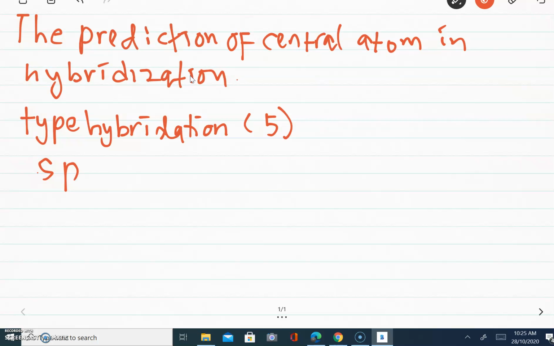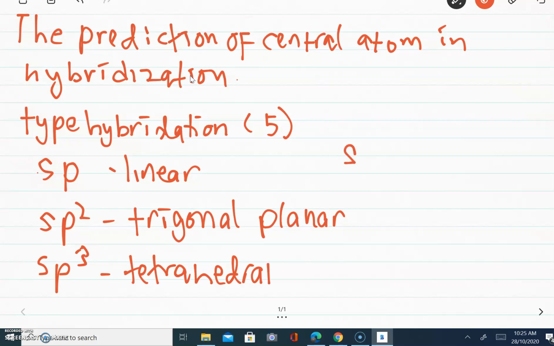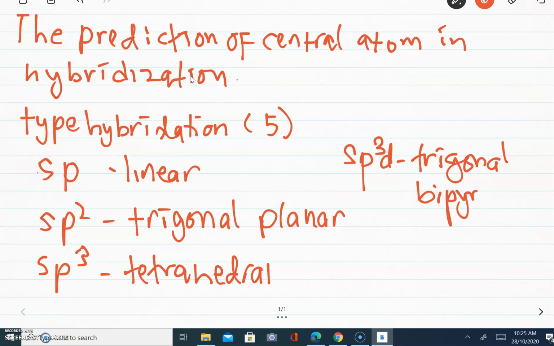They are sp, as a linear; sp2, trigonal planar; sp3, tetrahedral; while sp3d, trigonal bipyramidal; and for the last, sp3d2, the shape is octahedral.